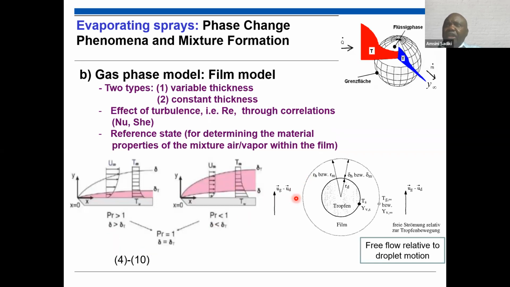Now, within this film, the question will be how we will determine the material properties of this mixture, air and vapor within the film. For that, we have to put some guidelines and define this reference state.